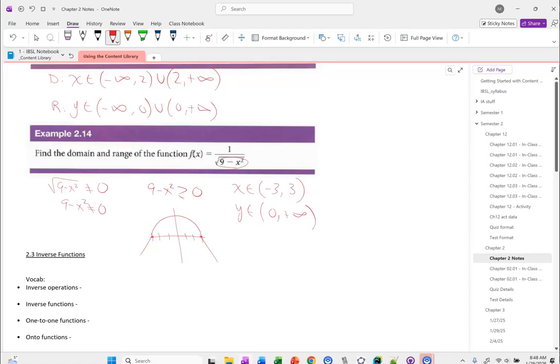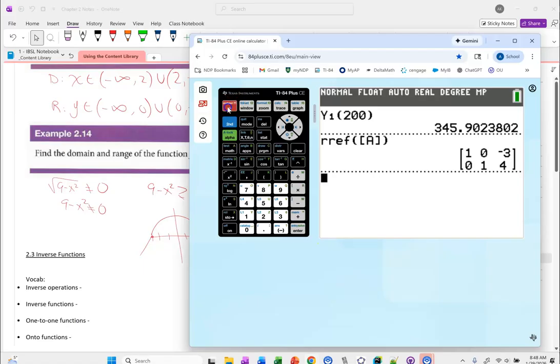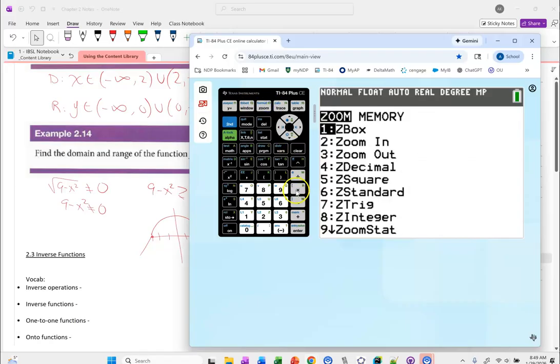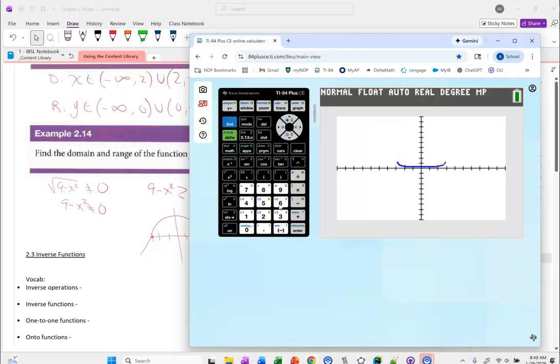Now, for all these domain and range problems, what else could you do to make your life easier? What if we just graph this and look at the picture? Unfortunately, this is giving me a little bit of an illusion.